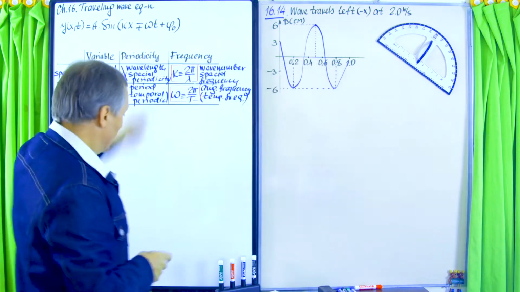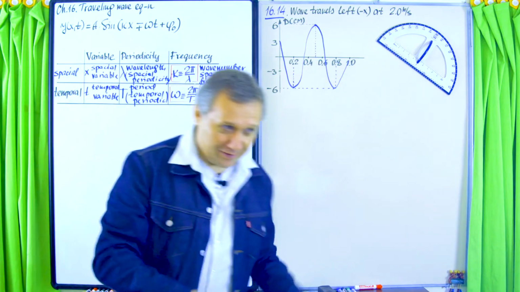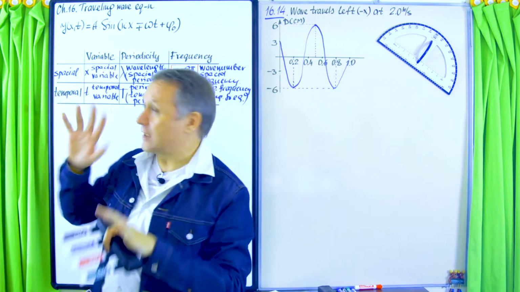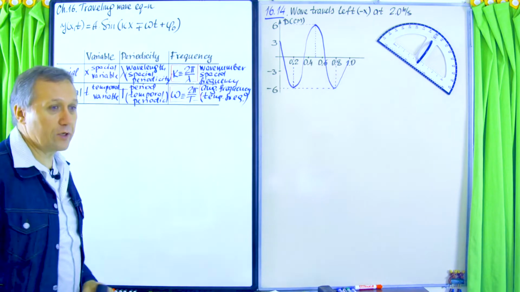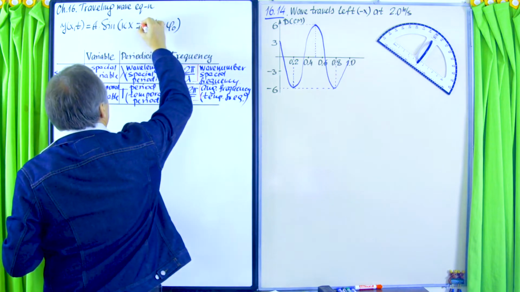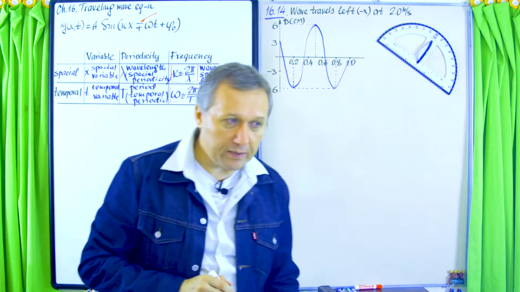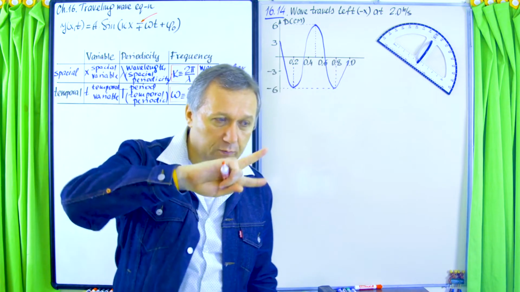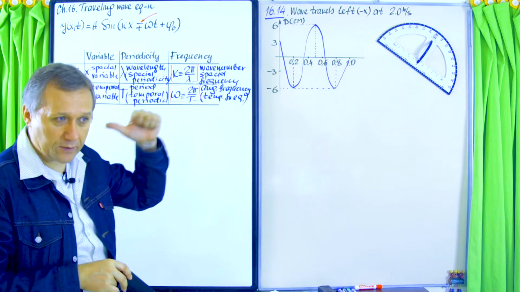So that's the initial phase. Then, of course, the wave propagates, either in this case in the positive x direction or negative x direction. So how should we get that information from the equation? If you see a minus, it means that the wave propagates in the positive x direction. You see, we have a reverse situation. So minus gives us propagation in the positive x direction.